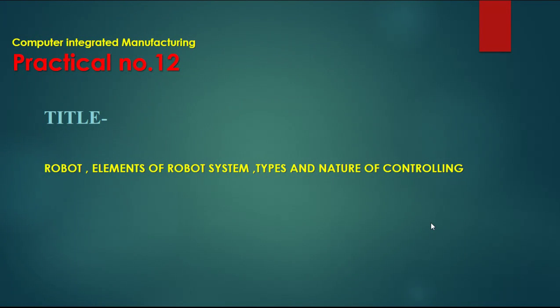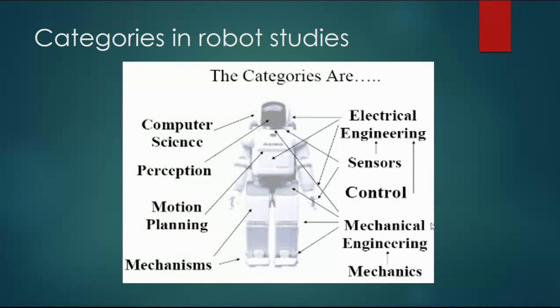So what is meant by robots and how they are categorized, and what kind of studies are required for robotics. You can see, this is nothing but concurrent engineering, or we can say a multidisciplinary device or hardware. Here you can see the categories: computer sciences, electrical engineering, mechanical engineering.